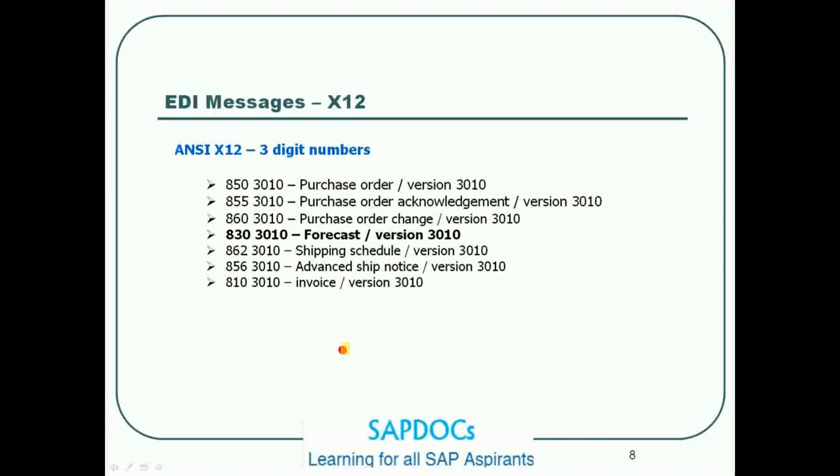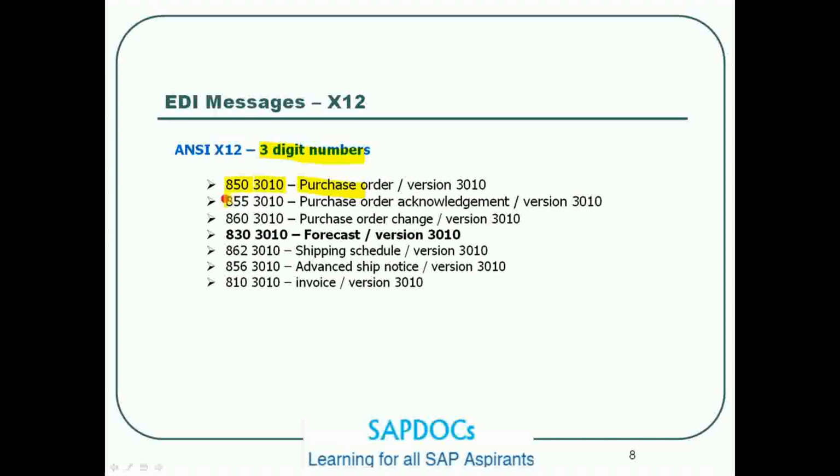X12 EDI messages: you will see that 3-digit numbers are used in X12 to denote the messages that are being sent. 850 is for PO, and you will also see a 3010 or other 4-digit number that defines the version of the message. So when I say 850 3010, it means purchase order version 3010 in X12.